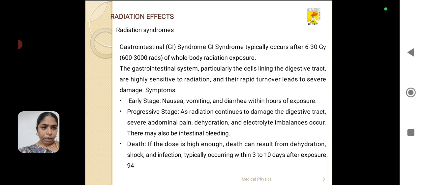Nausea, vomiting and diarrhea within hours of exposure. In the progressive stage, as radiation continues to damage the digestive tract, severe abdominal pain, dehydration, electrolyte imbalances and also intestinal bleeding may happen. If the dose is high enough, death can result from dehydration, shock and infections, typically occurring within 3 to 10 days after exposure.